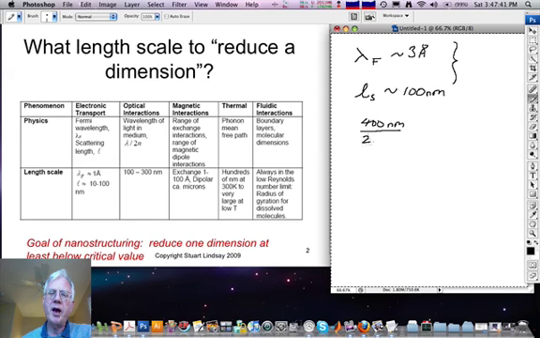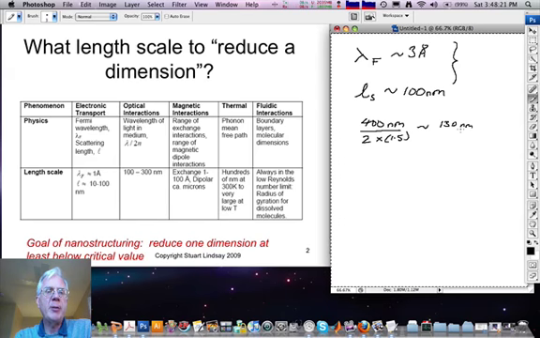If one looks at the half wavelength, which is the relevant parameter for most physics, and considers a refractive index of perhaps 1.5, then this brings you down into the length scale of 100 nanometers or so.